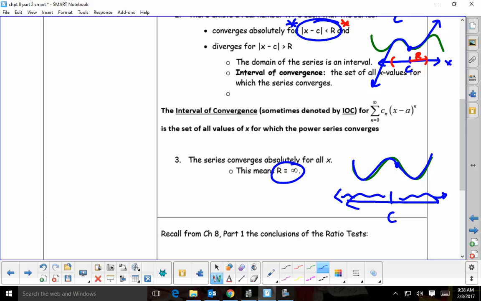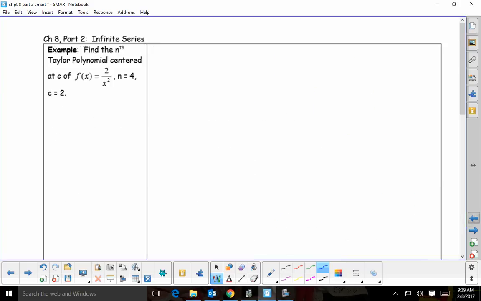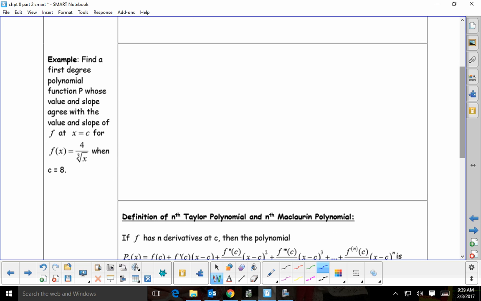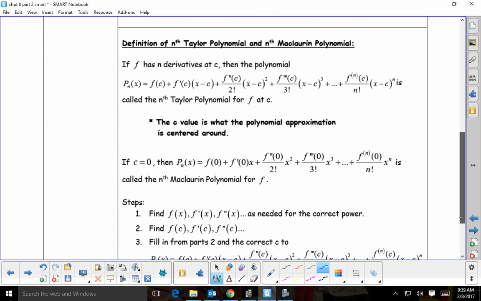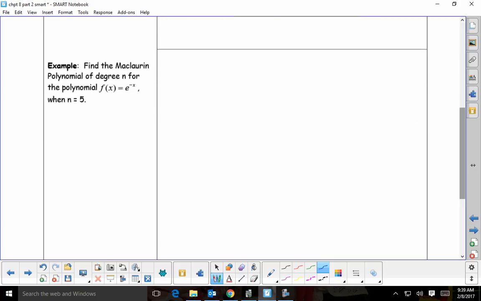Okay, what did we do yesterday? Let's kind of go back for a second. So we went and we found, we graphed that on the calculator, and we had like this e to the negative x, okay?